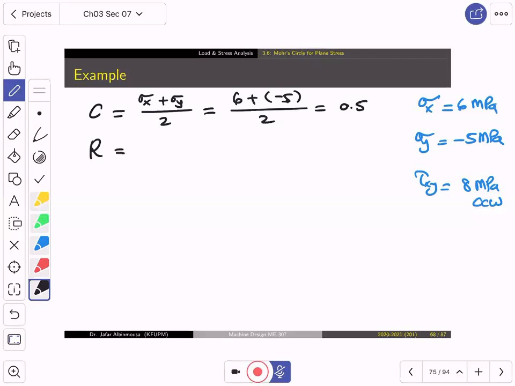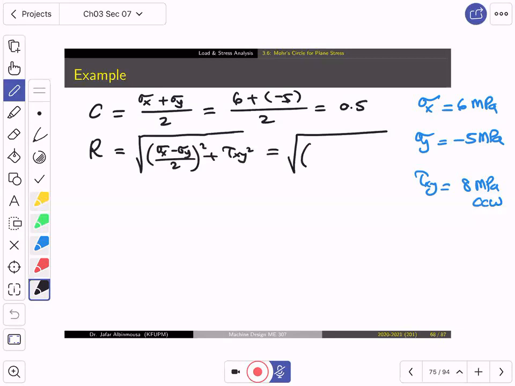The radius, as you know, is the square root of sigma x minus sigma y over 2 squared plus tau xy squared. So this is equal to the square root of, again, 6 minus 5 divided by 2 squared plus 8 squared.